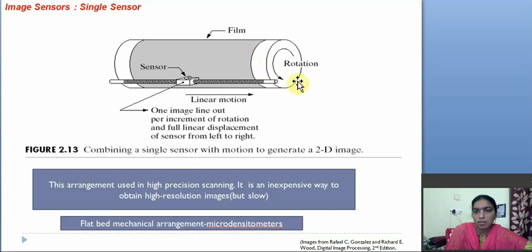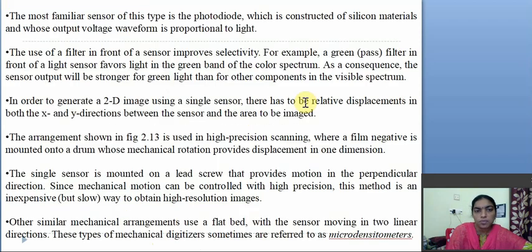Rather than this circular motion, there is also a flatbed mechanical arrangement, which is said to be microdensitometers, right? This is nothing but a single sensor arrangement. By using this we can convert light signals into images. The most familiar sensor of this type is the photodiode.